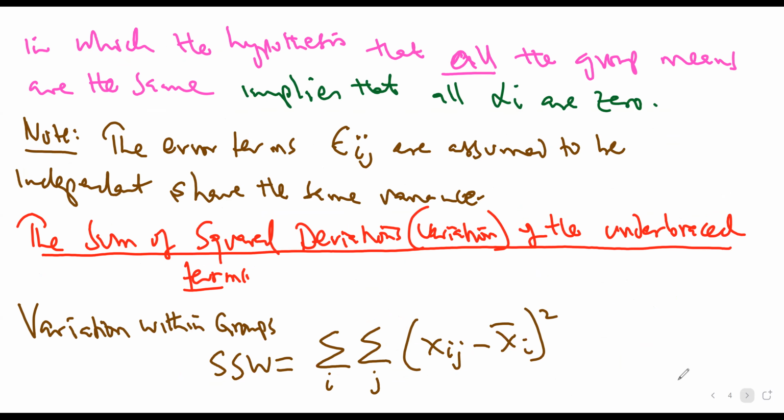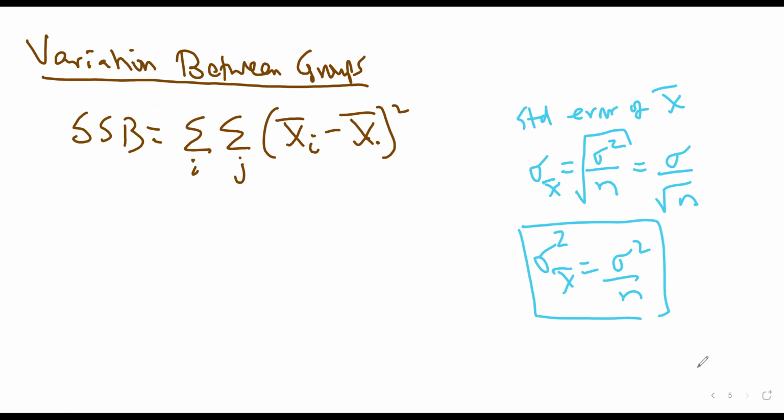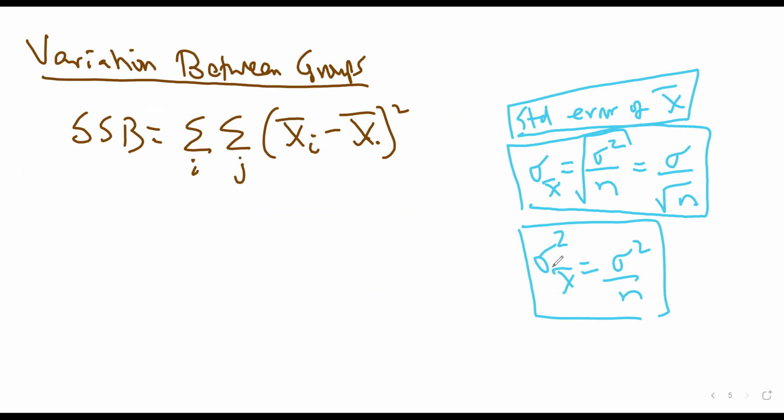And if you take the square root, you end up with the standard error of x bar, which you know the formula is given by this. And so the variance of x bar is also equal to sigma squared over n. And you agree with me that you can also rewrite this as n sigma squared x bar is equal to that.